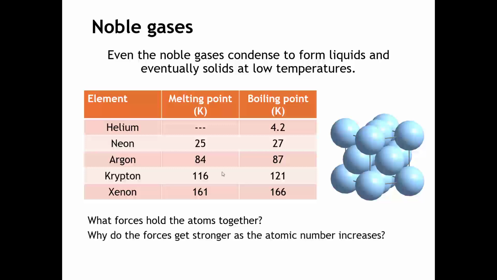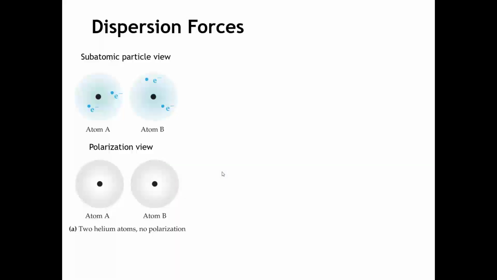And the second question is, why does this force of attraction, whatever it is, get stronger as we go down the group, as the atomic number increases, as the mass of the atom increases? Well, the answer to that is something called dispersion forces, or sometimes they're called London dispersion forces. Those mean the same thing. And let's take a look at what that is.